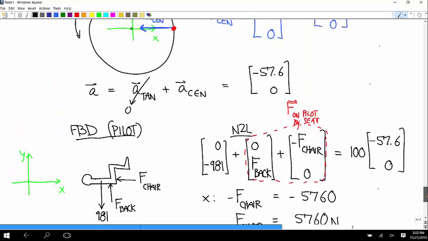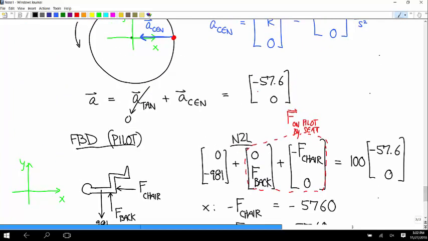Anyone have a feel for how big this acceleration is? Could someone stay conscious with an acceleration like that? I think if it went too long, it would be a problem, but quickly, I think it's not really a problem. When people talk about fighter pilots, they talk about how many G's they're dealing with. 1 G of acceleration is 9.81, and so this is a little less than 6 G's.